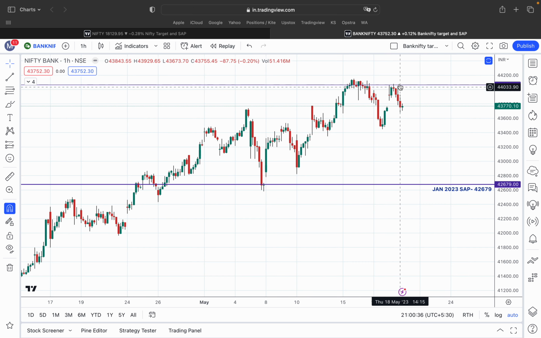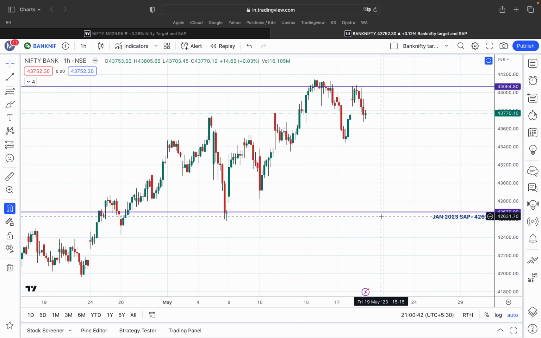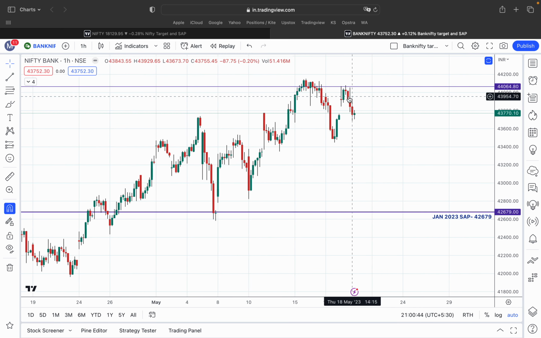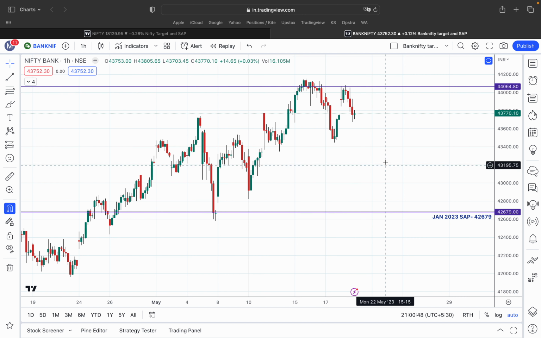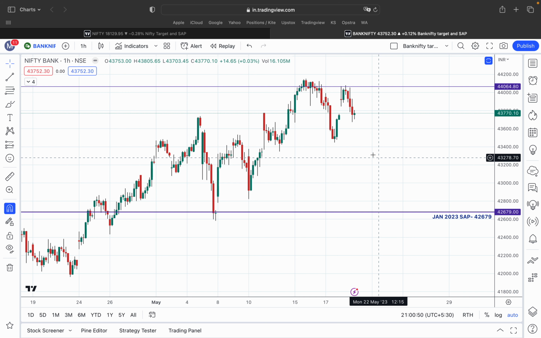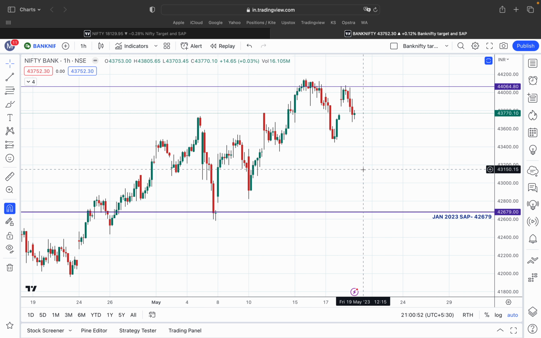Though we have got a lower high formation on the Bank Nifty hourly chart, let us not assume that it is a bearish trend unless and until we get one lower low. Once the lower low is confirmed, then and only then can we comfortably say that Bank Nifty also has turned bearish. So tomorrow and the coming days will be crucial.